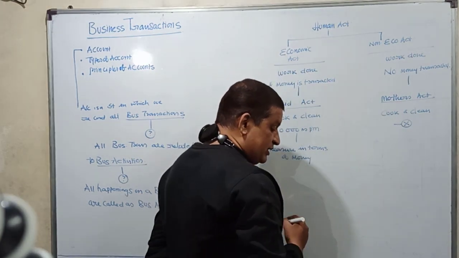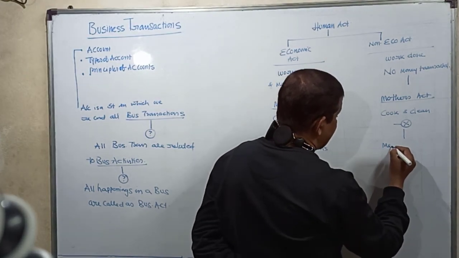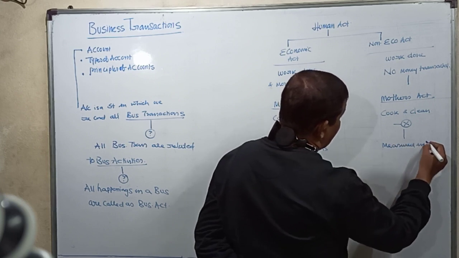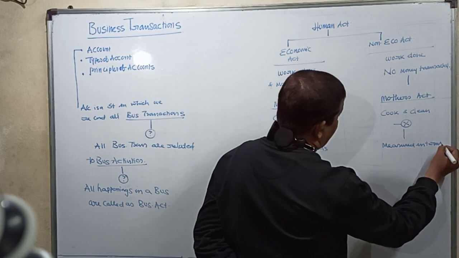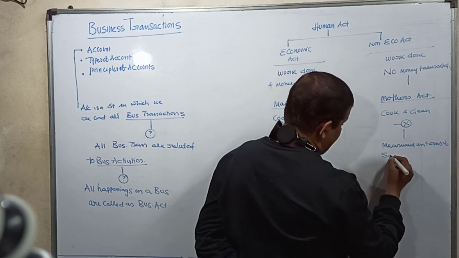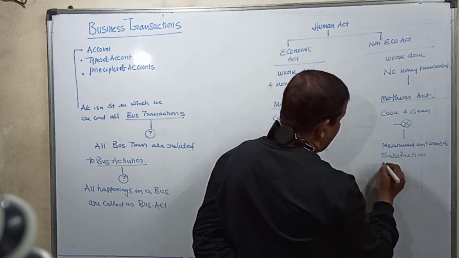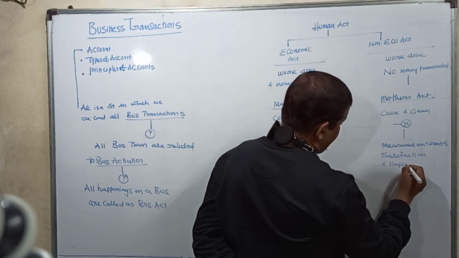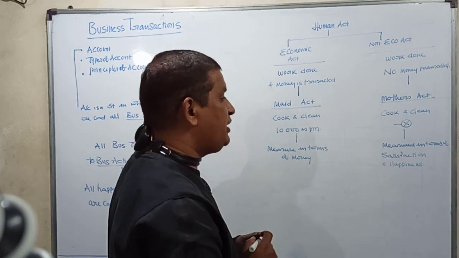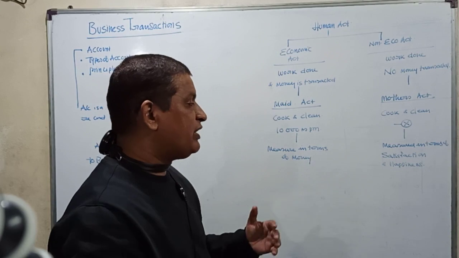Mother's activity is measured in terms of satisfaction and happiness. Mother is always happy to provide for the family. She is always satisfied to provide for the family.